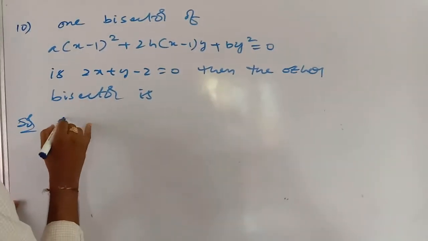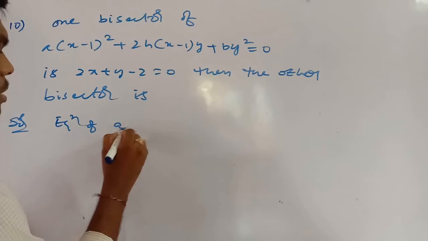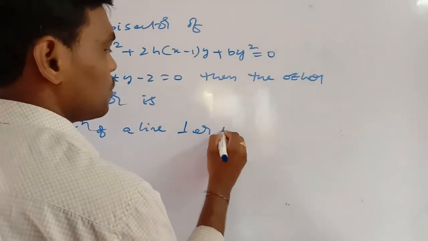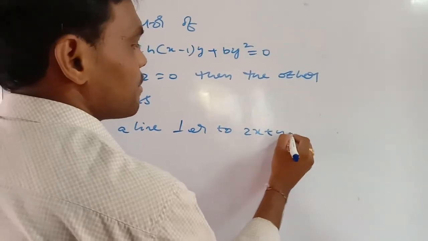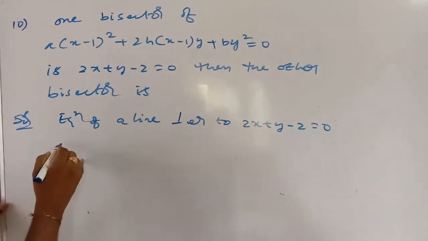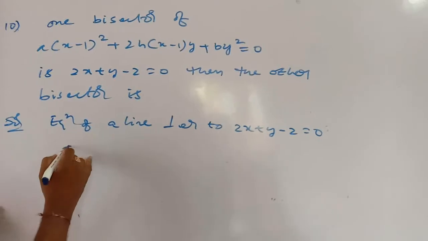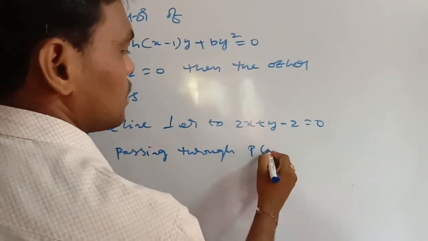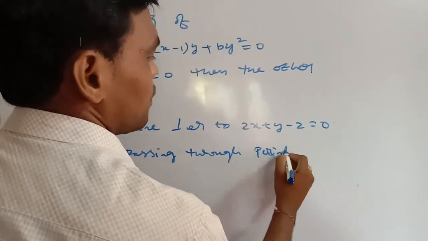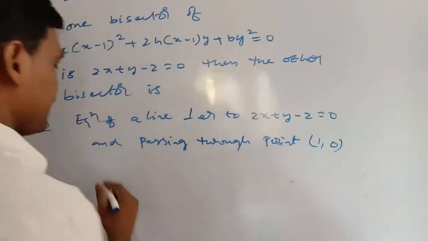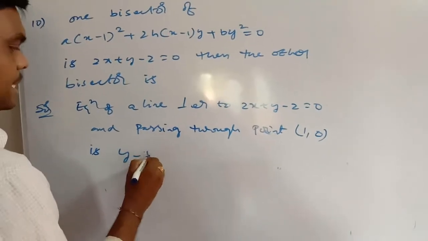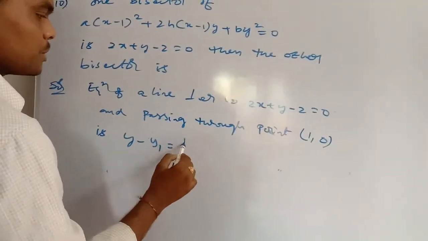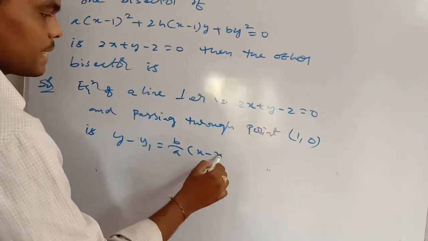Now the equation of a line perpendicular to 2x plus y minus 2 equal to 0 and through the point (1, 0) is y minus y1 equal to, for the perpendicular line the slope is b by a, into x minus x1.